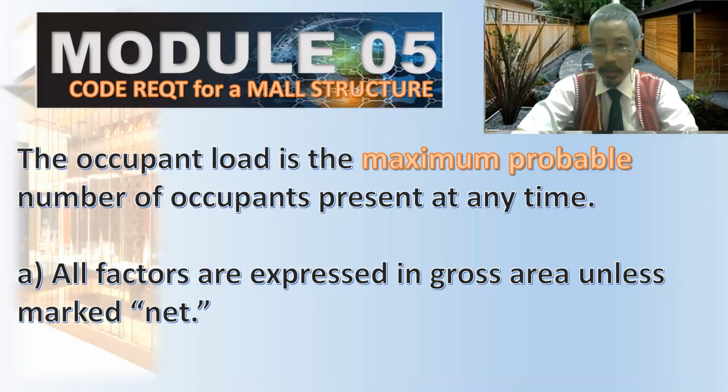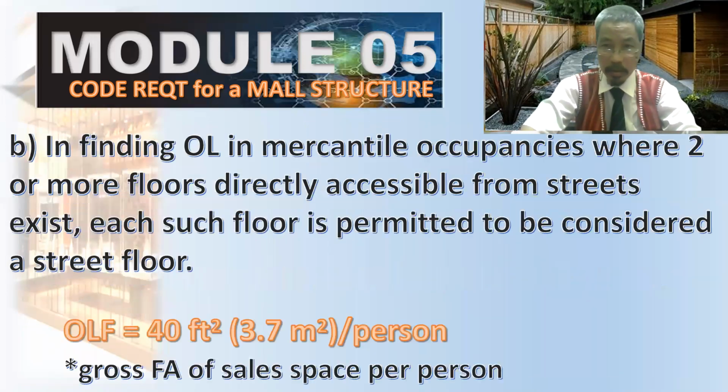The occupant load is the maximum probable number of occupants. Again, that is the principle. Occupant load is the maximum probable number of occupants present at any time. All factors are expressed in gross area unless noted net. So this is the note from the table for finding occupant load in mercantile occupancies, where two or more floors directly accessible from streets exist, each such floor is permitted to be considered a street floor.